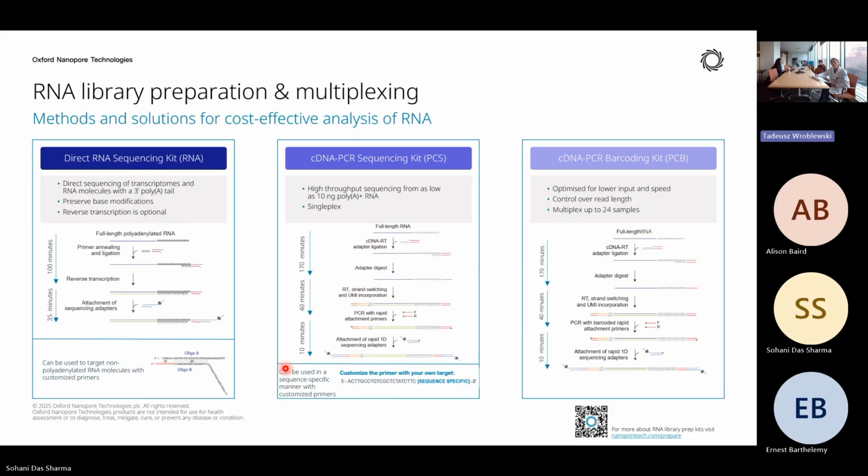In my past research life, I have done a lot of small RNA sequencing because I used to do ribosome profiling all the time. With small RNA, I think the issue is sometimes polyadenylation.